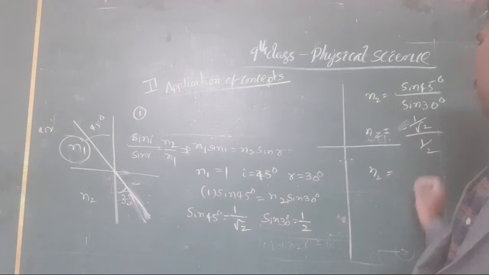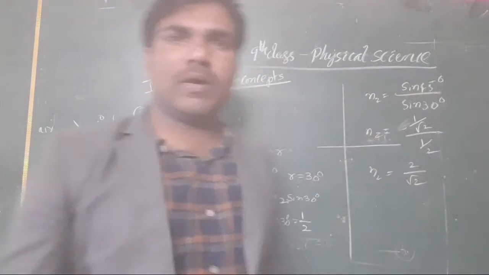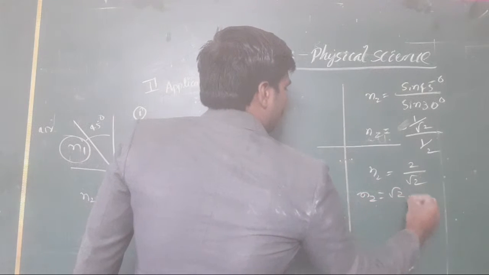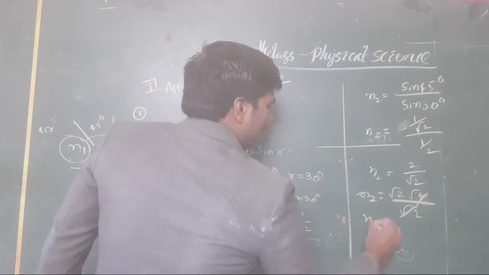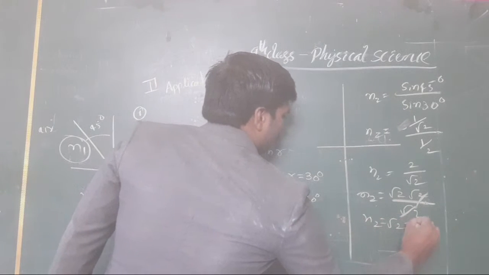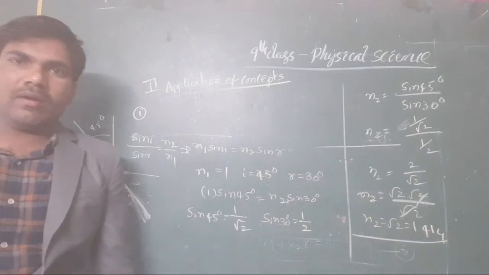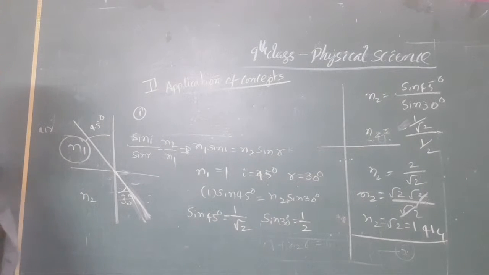So N2 is 2 by root 2, which is also root 2 into root 2 by root 2. This one and this one cancel. N2 is equal to root 2, that is 1.414. In this way you have to calculate the first question.